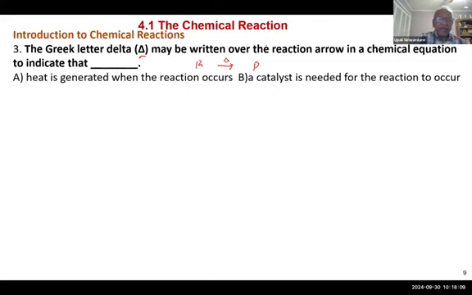A catalyst is needed for the reaction to occur. Sometimes we put the catalyst, like copper oxide, the compound name, on top of the equation. Therefore, delta is heat. That's not the correct answer.